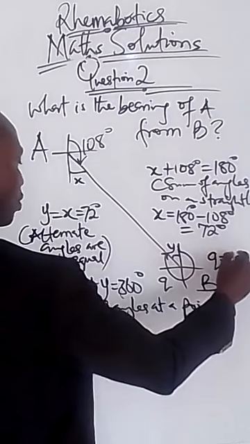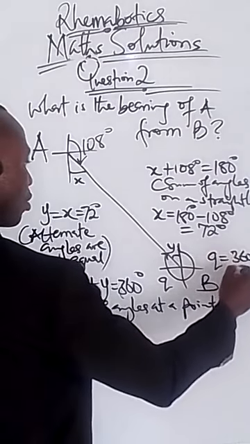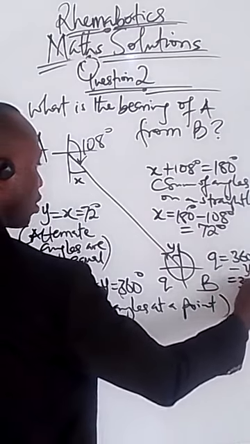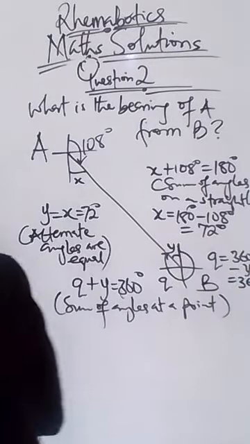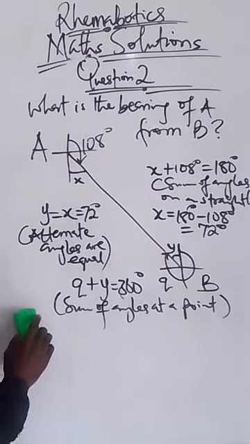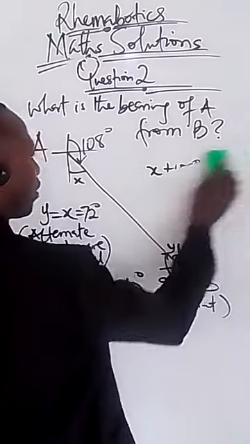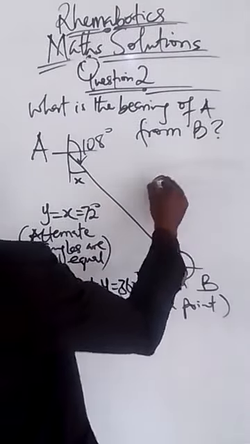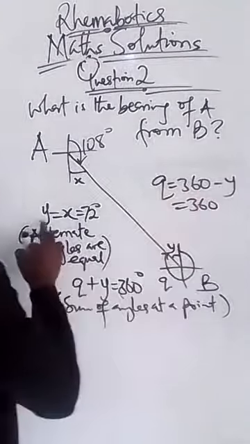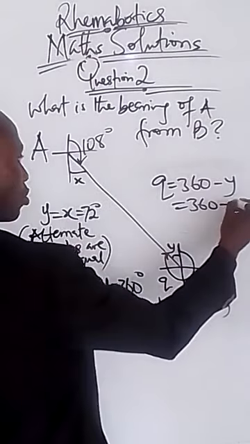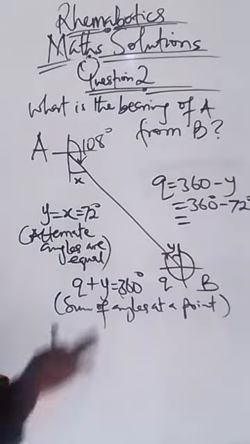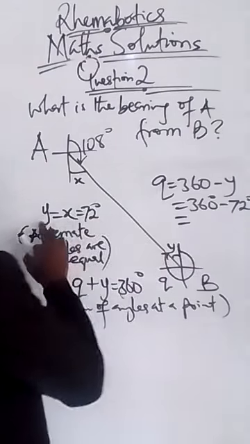So Q is equal to 360 minus Y. Don't forget Y is equal to X, so 360 minus 72, because X is 72 and Y is equal to 72.